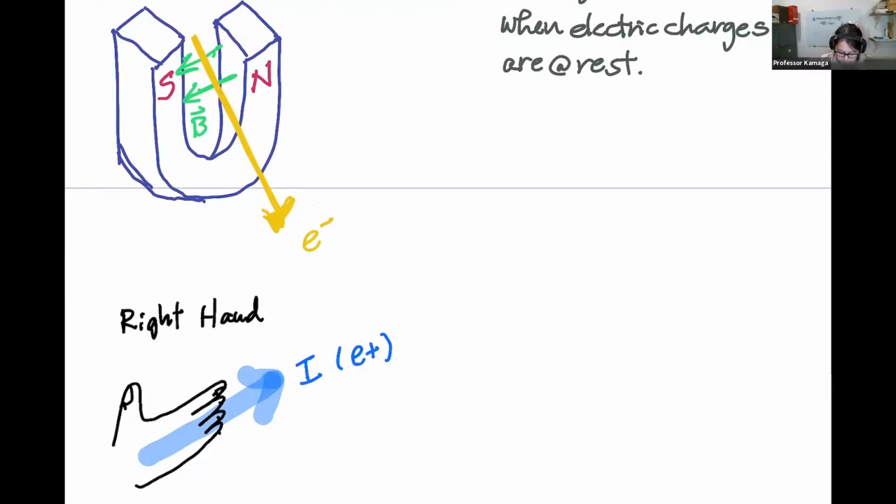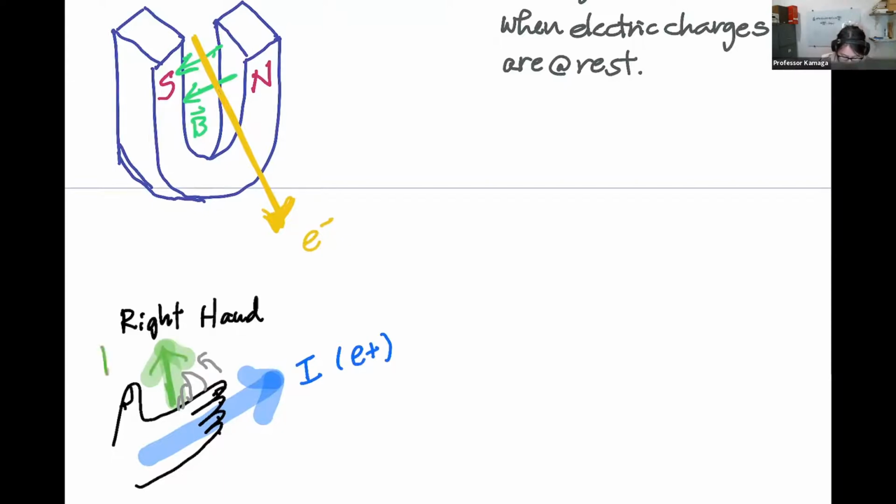Magnetic field in this way. So if you were to curl up your fingers like this, that's going to be the direction of the magnetic field.